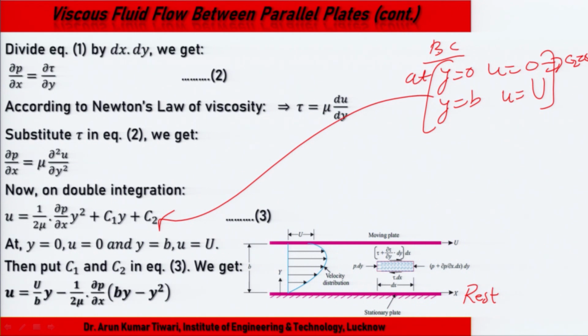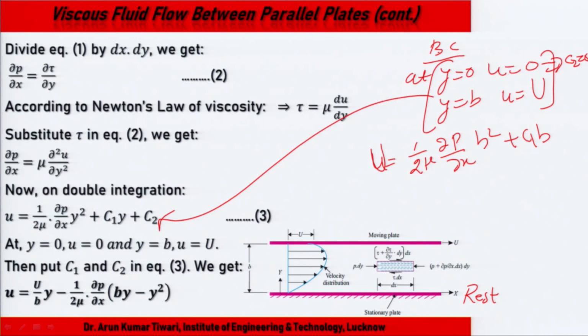So, at y equal to b, putting y equal to b, u becomes capital U. So, what is u? Capital U equals 1 upon 2 mu del p upon del x, b square, plus C 1 b.